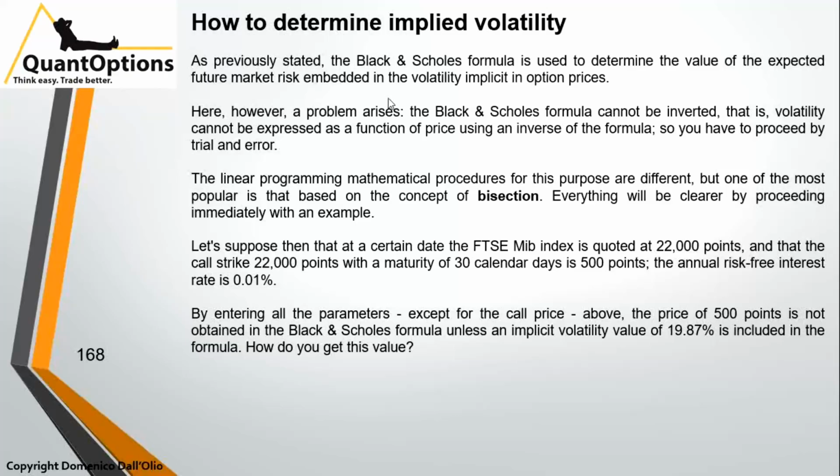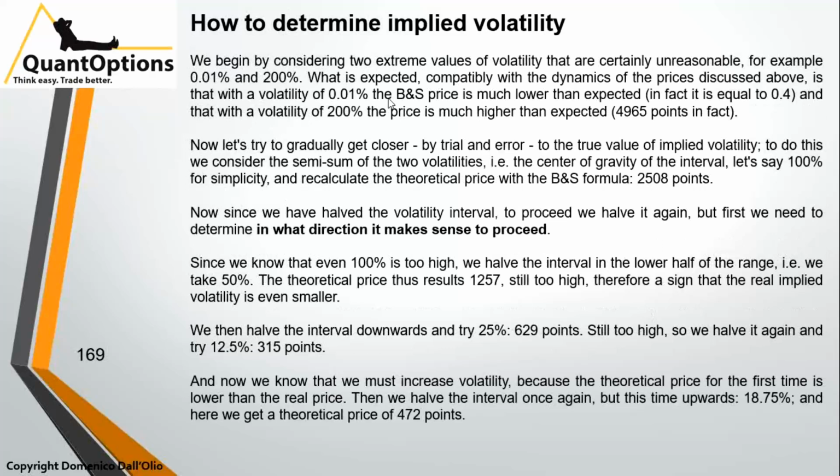How do you get this value? We begin by considering two extreme values of volatility that are certainly unreasonable, for example, 0.01% and 200%. What is expected, compatibly with the dynamics of the prices discussed above, is that with a volatility of 0.01%, the Black-Scholes price will be much lower than expected, and in fact it is 0.4, and that with a volatility of 200%, the price is much higher than expected, almost 5,000 points in fact.